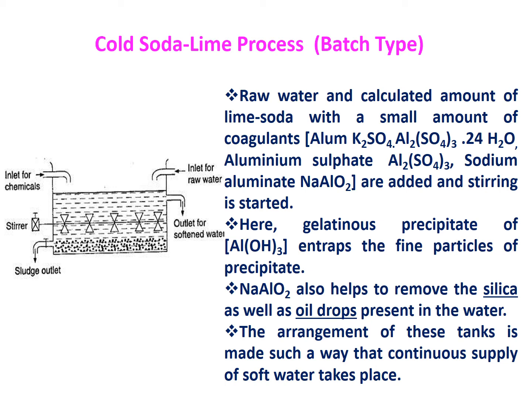It's a very simple process in which we have to use a flat bottom tank. This is the flat bottom tank, and it's equipped with a mechanical stirrer having two inlets, one for chemicals and the second for raw water. And here we have two outlets, one for sludge and the other for soft water.